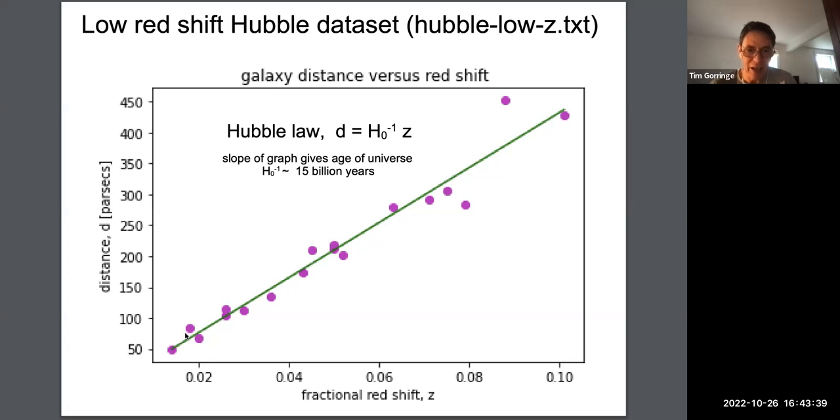And you see in magenta here are individual measurements using individual bright variable stars that are standard candles, and in green is the fit to the data. And so this is how you extract the Hubble constant or the Hubble time that are written down here. The age of the universe, 15 billion years. So that's a nice example of a straight line fit.